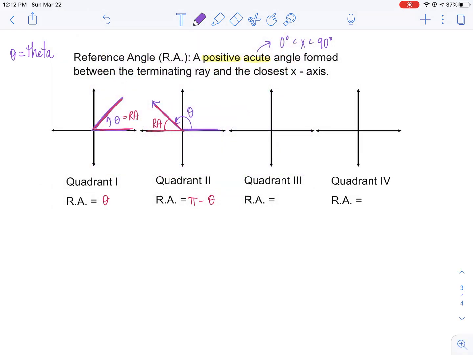Third quadrant, here's the angle. It starts in the same position. It always starts in the same position. So here's theta. It's all about that rotation. There are an infinite number of angles that could start with this purple line that I just drew and end with that purple line. It just has to do with how many times I rotate around this axis.